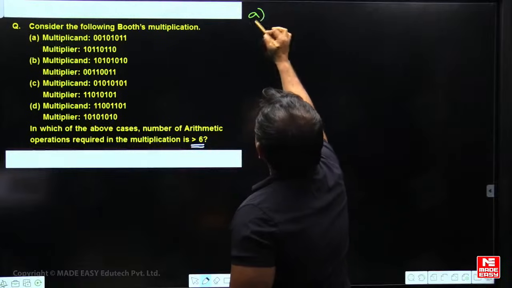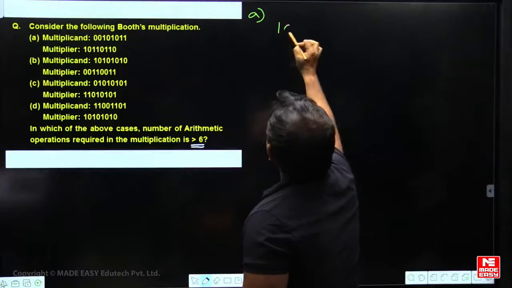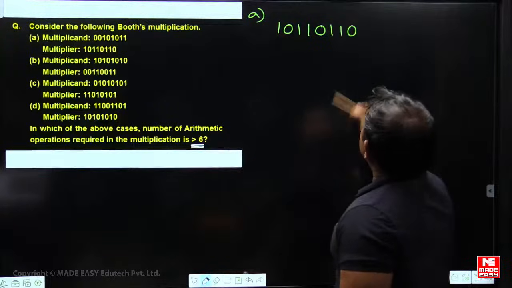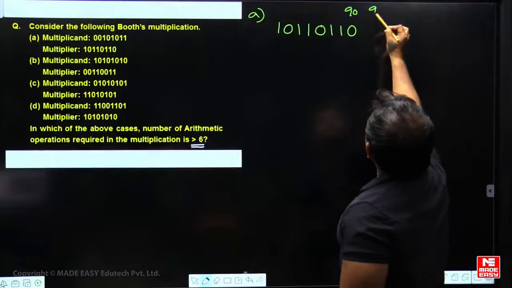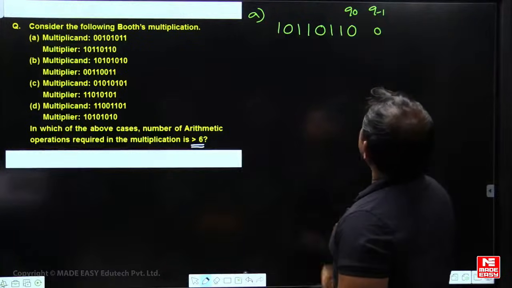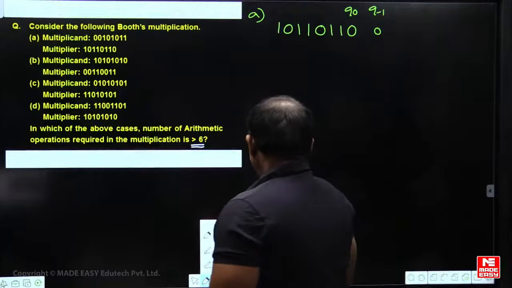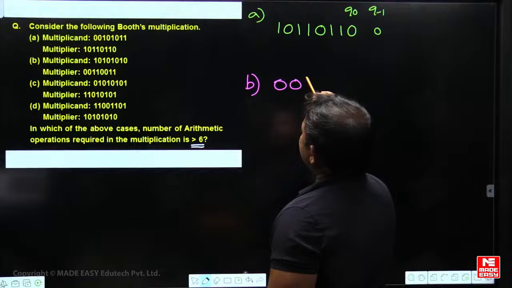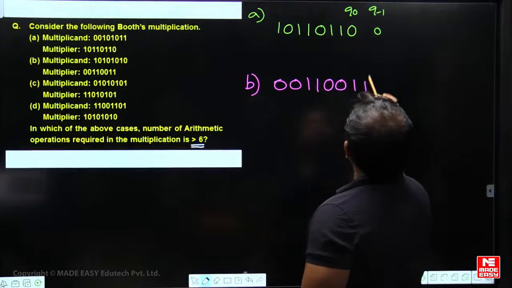See, the given multiplier is 1, 0, 1. This is the Q naught. Now take Q subscript minus 1 initialized with 0. The multiplier is 0, 0, 1, 1, 0, 0, 1, 1.